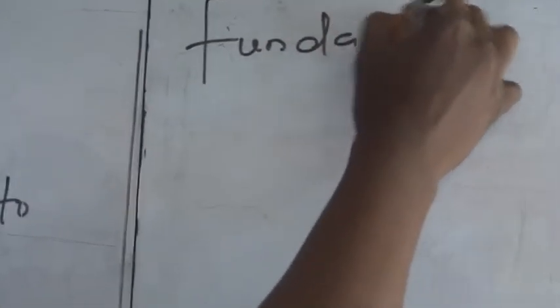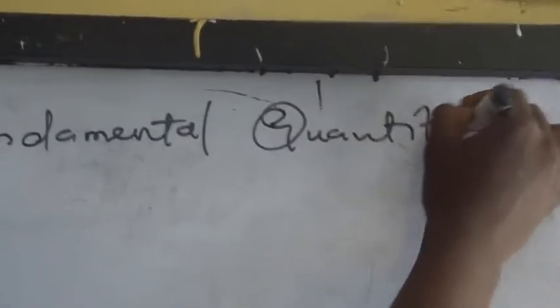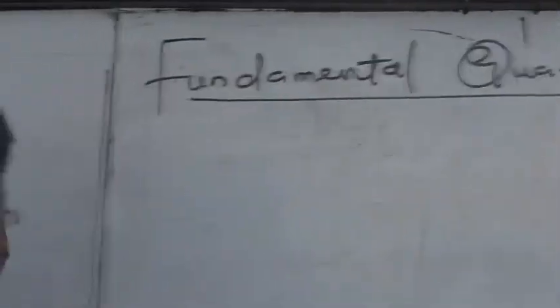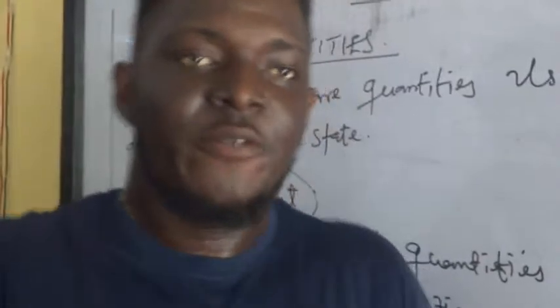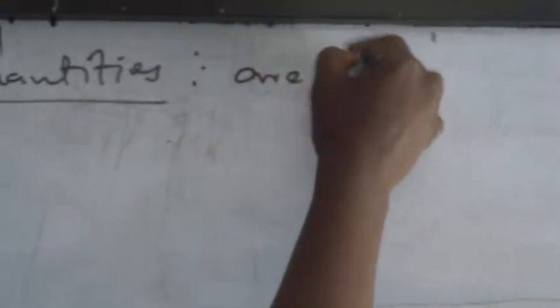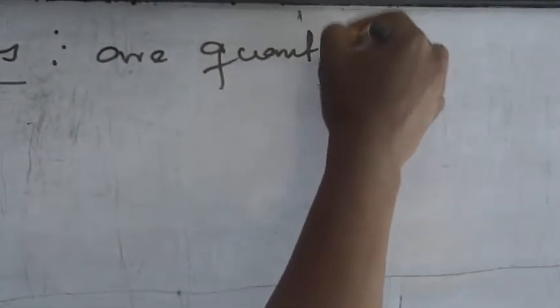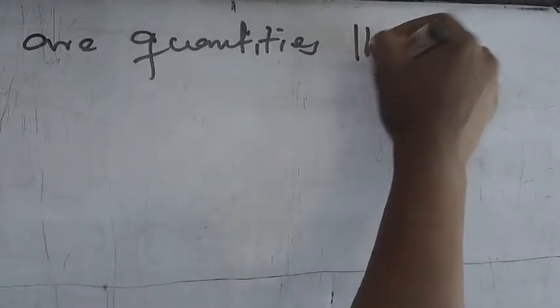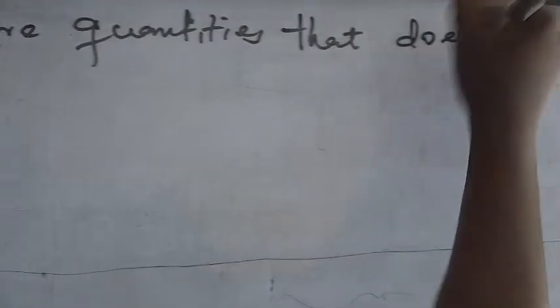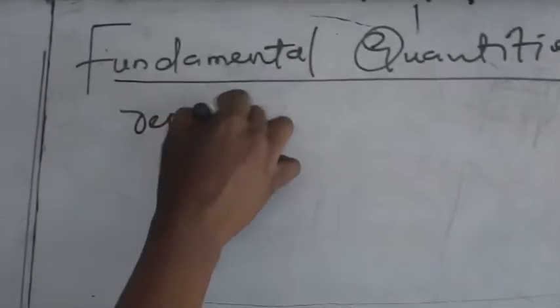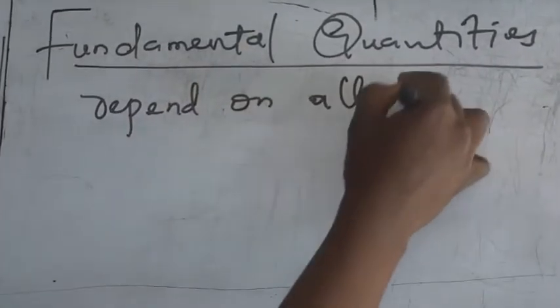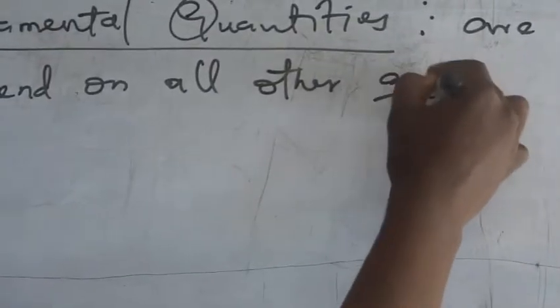We're going to be considering fundamental and derived quantities. Now, let's move on. The word fundamental means basic, foundation of everything. Fundamental quantities are quantities that do not depend on all other quantities.